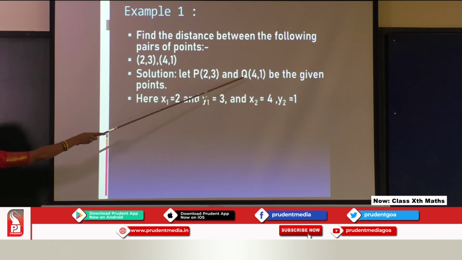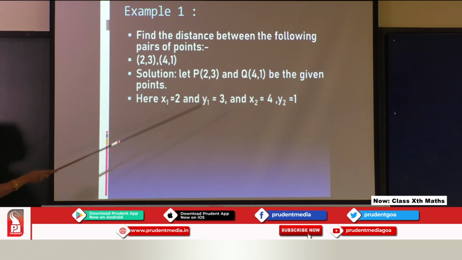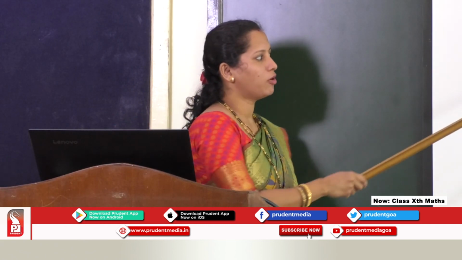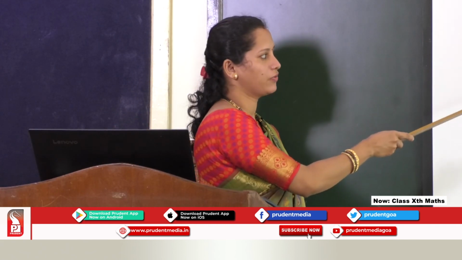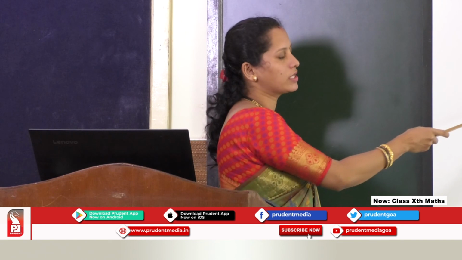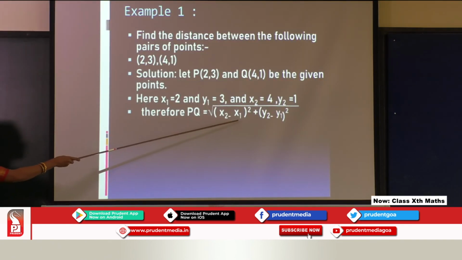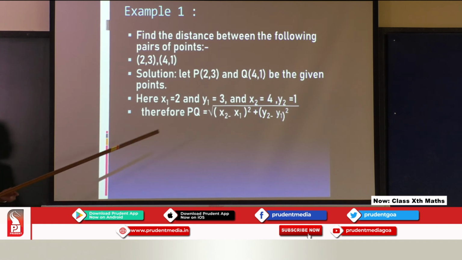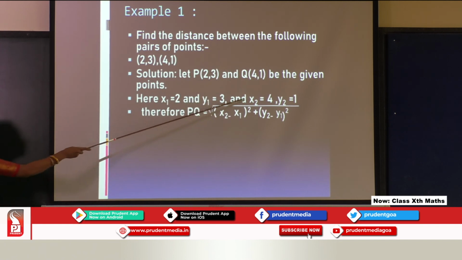Similarly, x2 is equal to 4 and y2 is equal to 1. So this is the distance formula. PQ is equal to root of (x2 minus x1) the whole square plus (y2 minus y1) the whole square. Now we have to substitute these values in this formula to get the distance PQ.